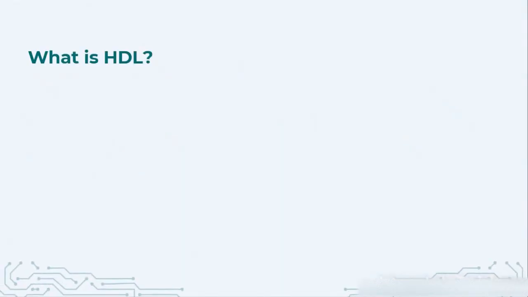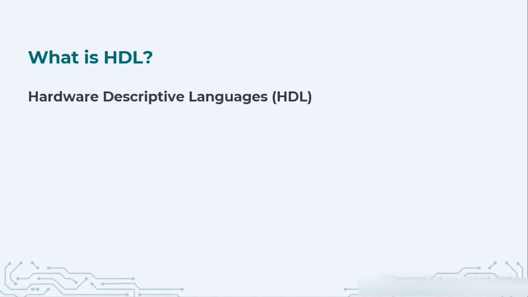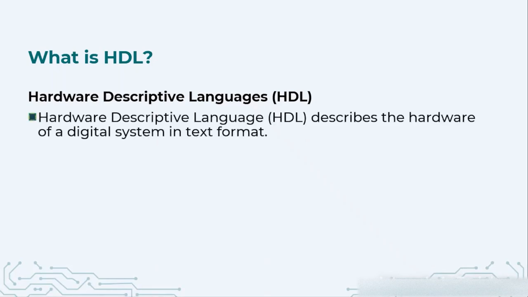So first of all, the question that we have in our mind is, what is HDL? HDL stands for Hardware Descriptive Language. HDLs are used to describe the hardware of a digital system.